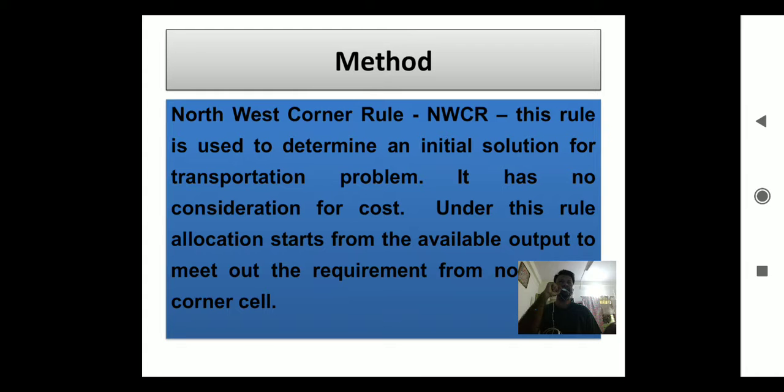Under this rule, allocation starts from the north-west corner cell, that is the extreme left corner. We allocate supply and demand according to the capacity of factories and warehouses till all the supply and demands are exhausted.